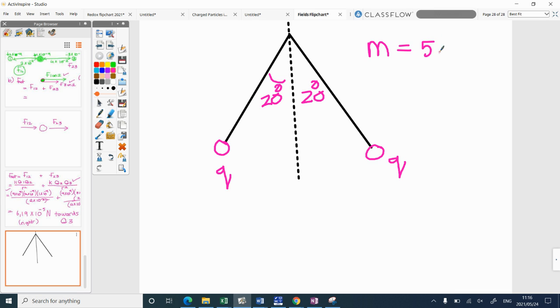They gave you 5.0 grams. So what are you going to do? You're going to say 5.0 times 10 to the minus 3 kilograms. Divide by 1,000. If you're saying 5 grams is 5,000 kilograms, I'm hoping that it's going to scream at you in the exam.